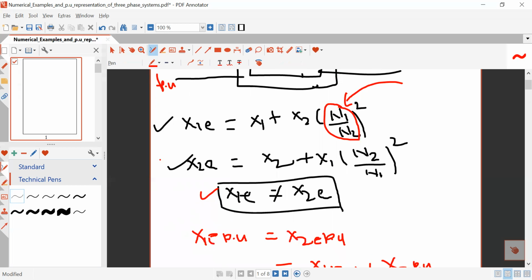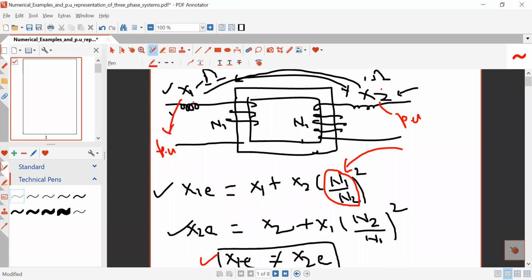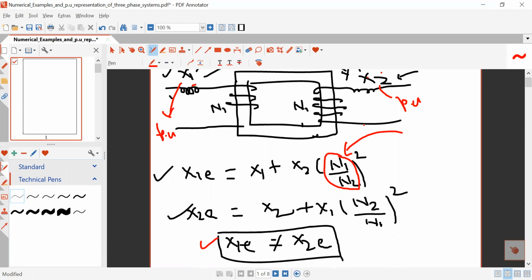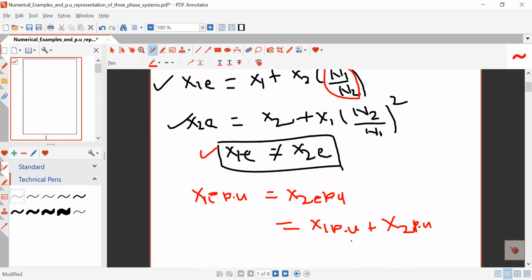So if x1 and x2 are given in per unit, then by simply adding these two reactances you can calculate total reactance referred to the primary or to the secondary.